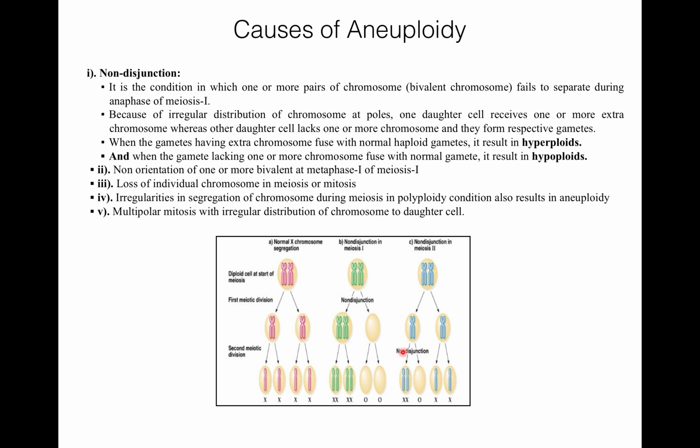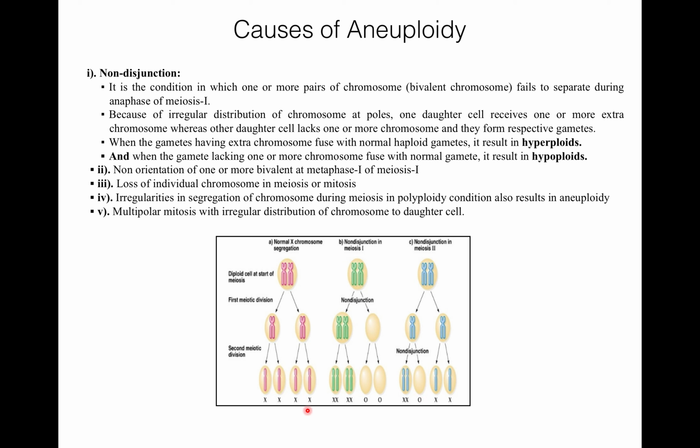But after the second meiotic division, you can see this one is with double chromosomes, this one is without any chromosome, this is haploid getting one chromatid, and this again one chromatid. So it is normal, but there is a non-disjunction. So this gamete will be with an extra chromosome, and this gamete is lacking a chromosome.